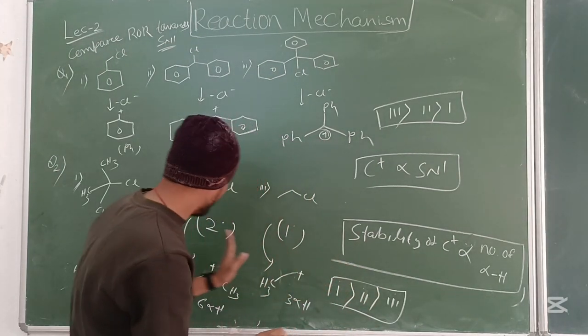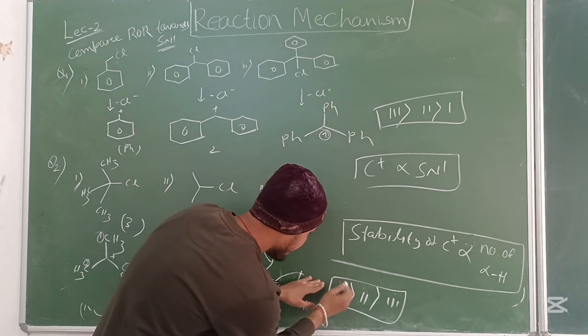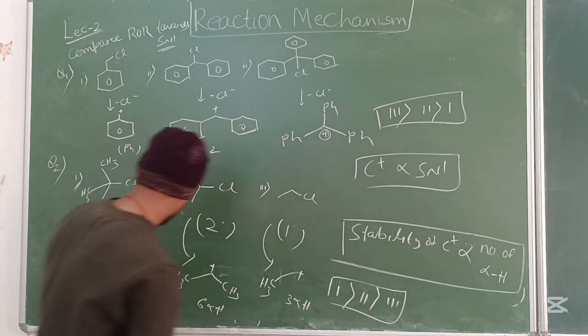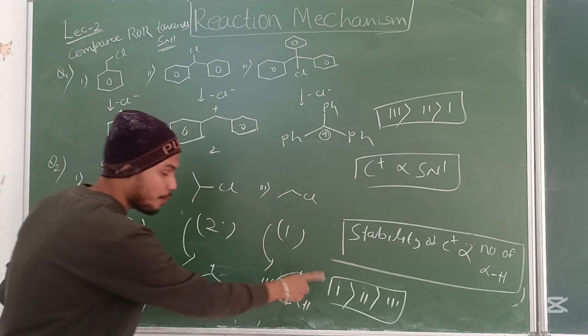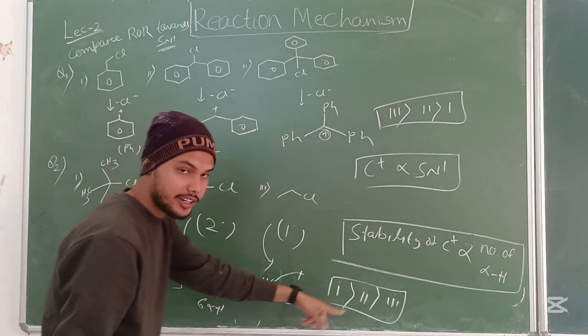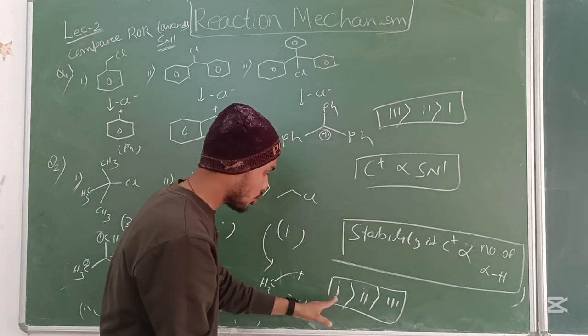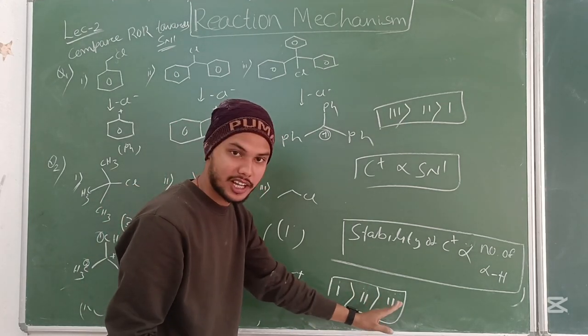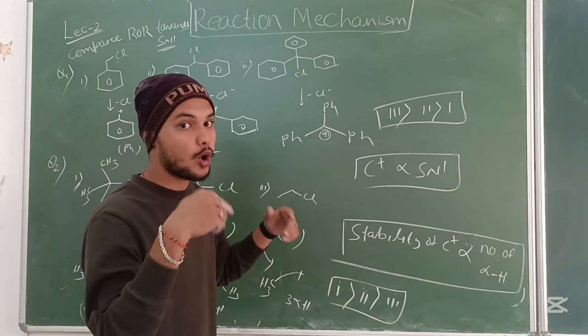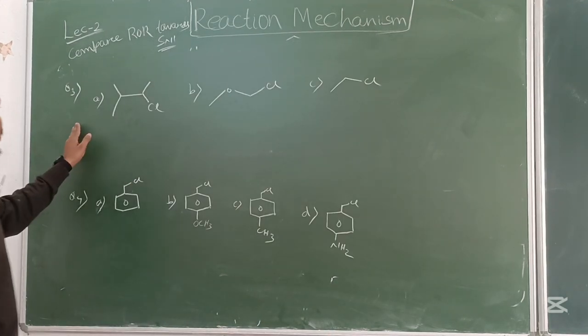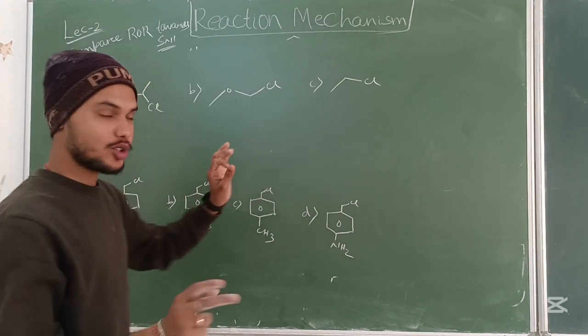What will be the order for the second question? Here it will be 1, then 2, then 3. That means here 9 alpha hydrogens, so it is more stable. Then here 6 alpha hydrogens, so it comes after 1. Then 3 alpha hydrogens, so it comes after 2. So the order will be first, then second, then third. Okay, so we have done two questions. So let's do the third question.